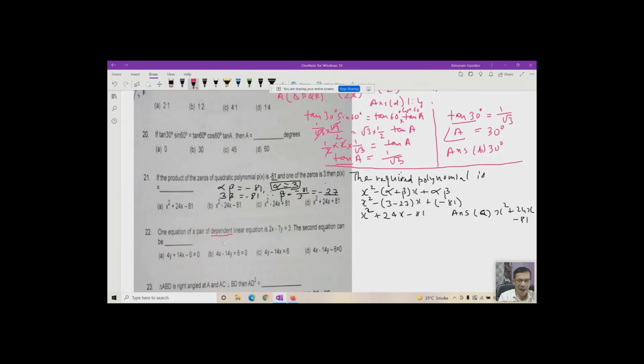It is a dependent linear equation, and dependent meaning, is it coincident or is it intersecting at one point?